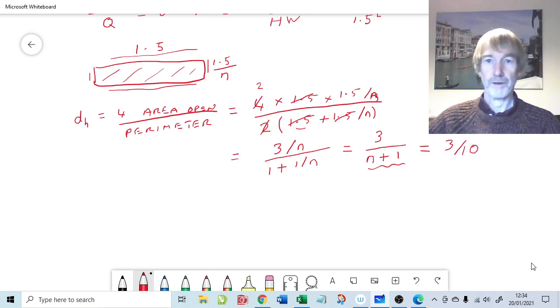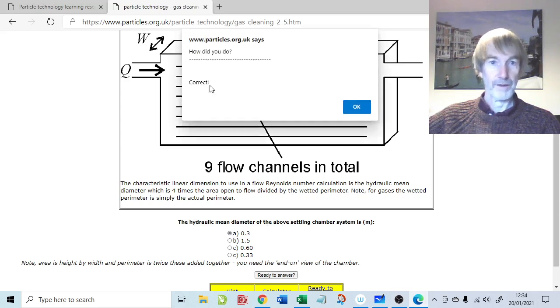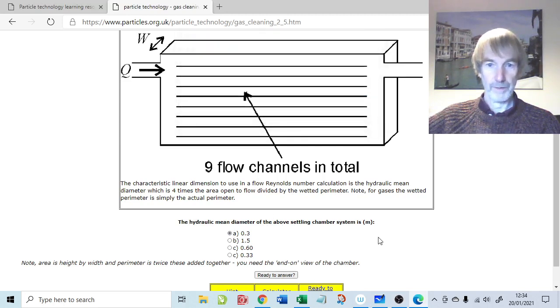If n is equal to 9, then in other words our hydraulic mean diameter for this system is 0.3 meters. Okay, I think that was what the question was asking for. A bit convoluted, but worth going through carefully. The hydraulic mean diameter of the above settling system is 0.3 meters. Check. It is. That's good news. Right. Ready to move on.